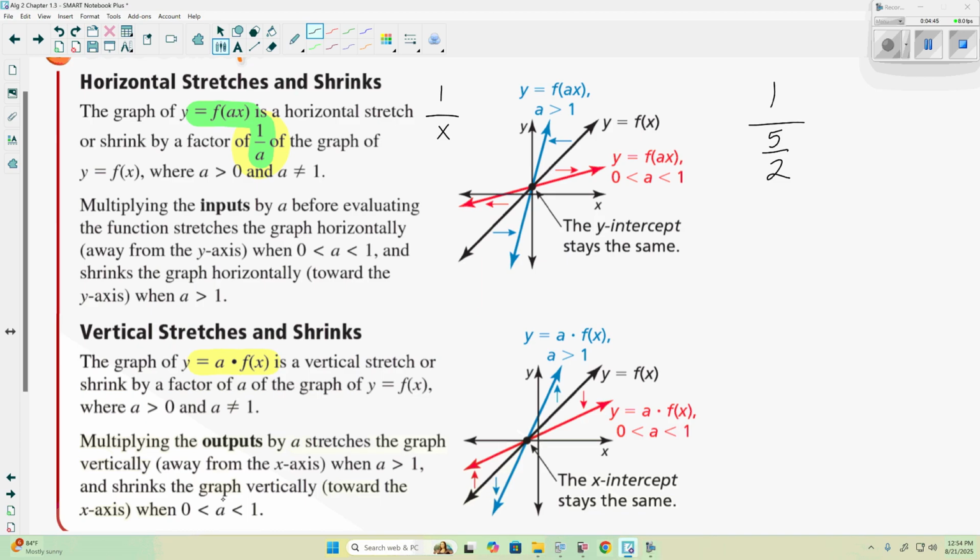Okay? Now the first thought is, well, horizontal translation, we did stuff to it. Horizontal translation, if it was left 2, h is -2, we plugged it in as -2. The negative simplified. We didn't actually do anything to it, where here, oh, it's horizontally stretched or shrunk by 5/2.